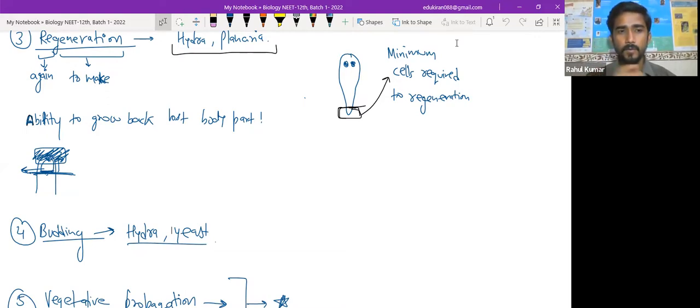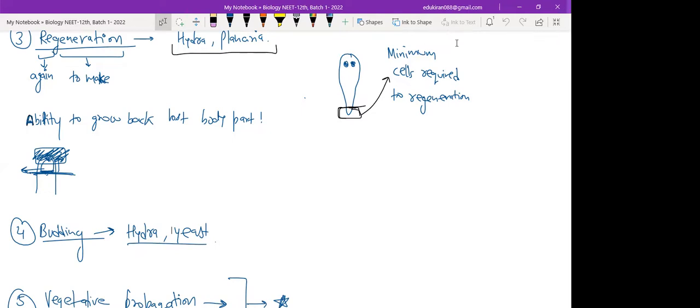Yes. So if you have to summarize in one sentence, what is the major difference between the two? Regeneration can be considered a true mode of reproduction in Hydra. For a lizard, it's not reproductive.